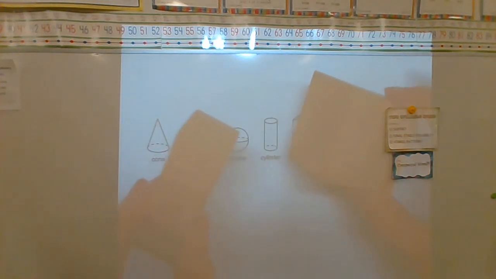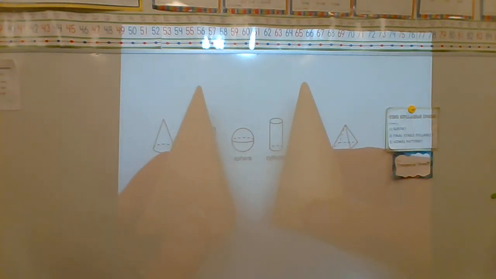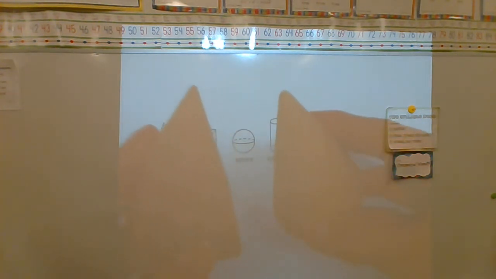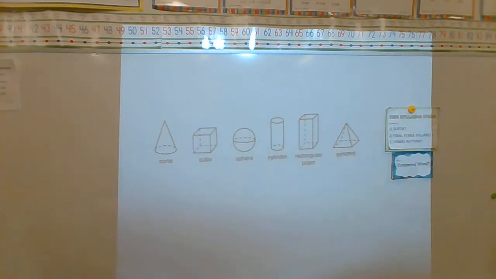These two have only flat sides. You might have thought maybe these two guys, wow, they're both pointy. Yes, these two shapes, the cone and the pyramid, both have points on the ends.